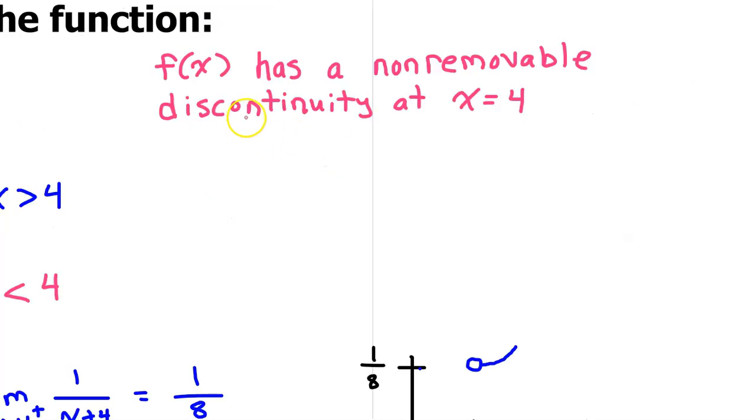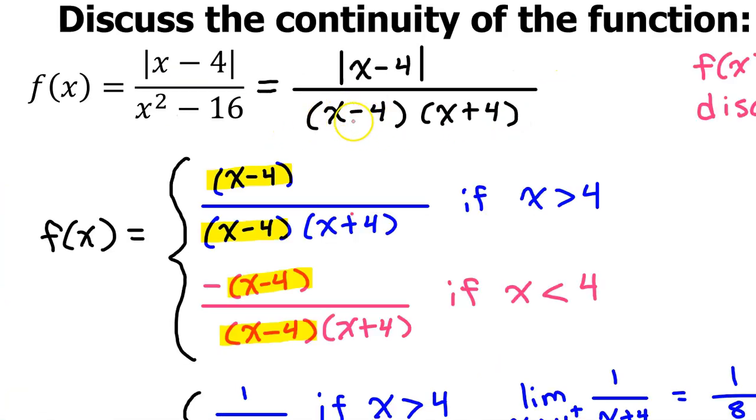So far, we have found that f of x has a non-removable discontinuity at x equals 4. That takes care of the factor of x minus 4 in the denominator. Because of the factor of x plus 4 in the denominator, we know there will be some type of discontinuity at x equals negative 4.